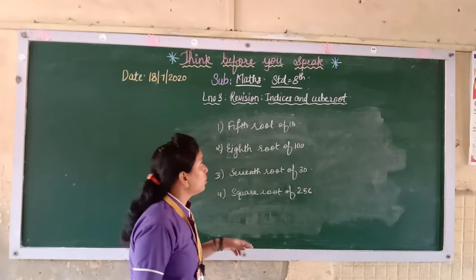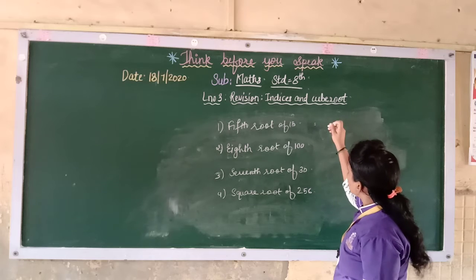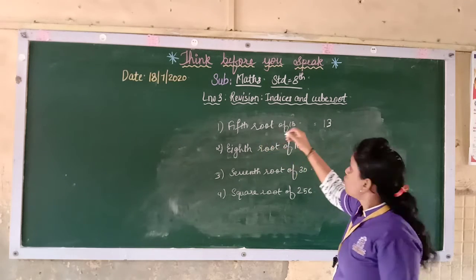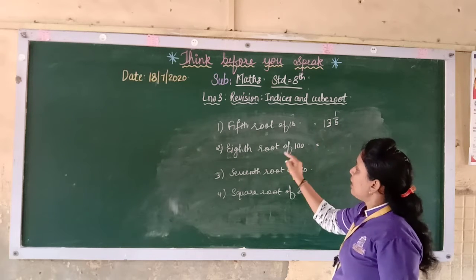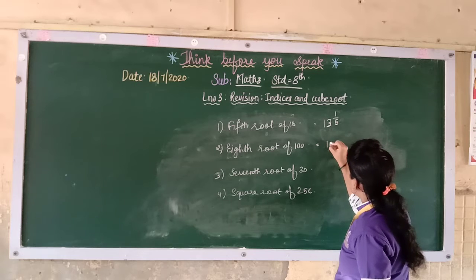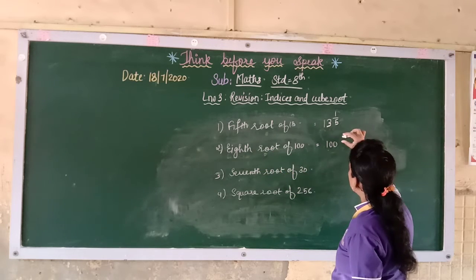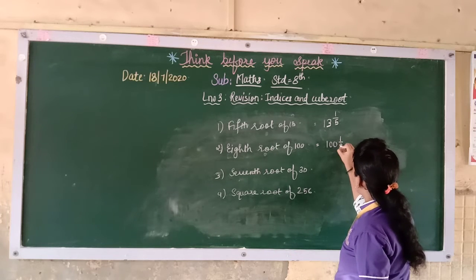Now see here, it is fifth root of 13. So 13 is your number, and as it is fifth root, it will come 1 upon 5 over here. Now this is 8th root of 100. Your number is 100. It is 8th root, not power. If it is power, a single number will come over here; if it is root, it will come 1 upon that number.